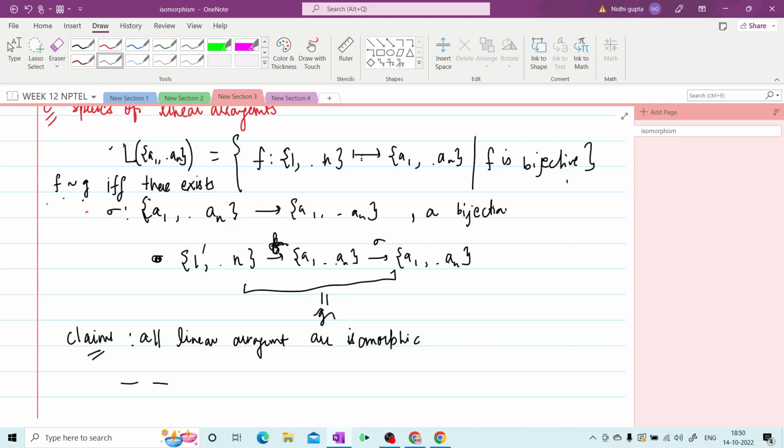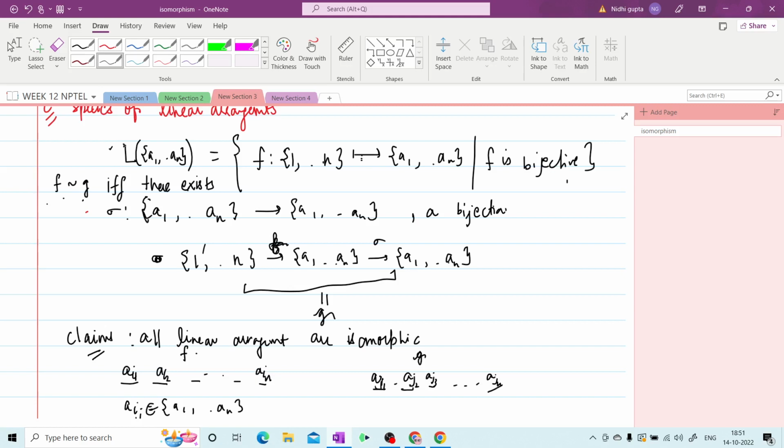So suppose you have a linear arrangement ai1, ai2, ..., ain, where these aij belong to a1 to an, and this is my linear arrangement f, and we have another linear arrangement g, aj1, aj2, aj3, ..., ajn.